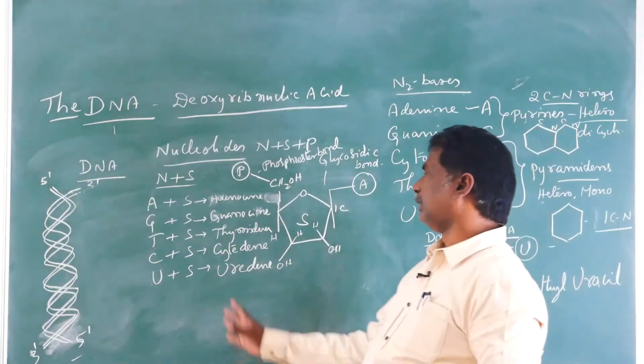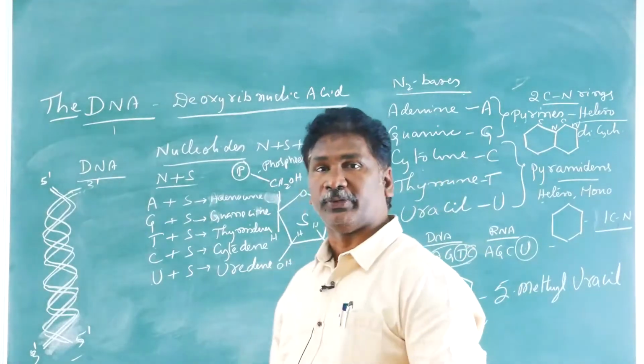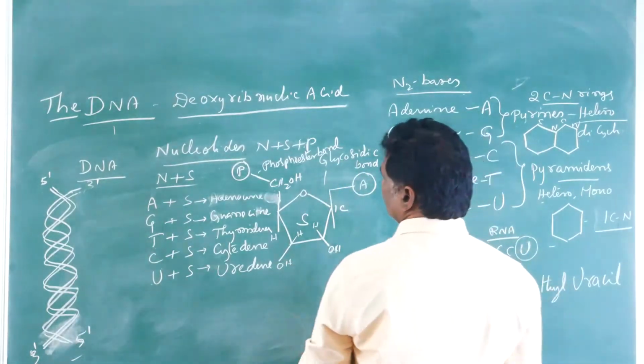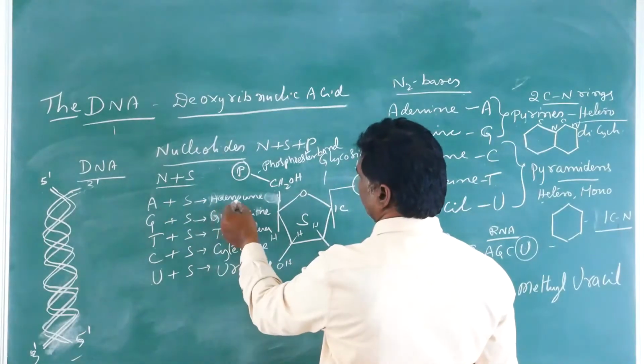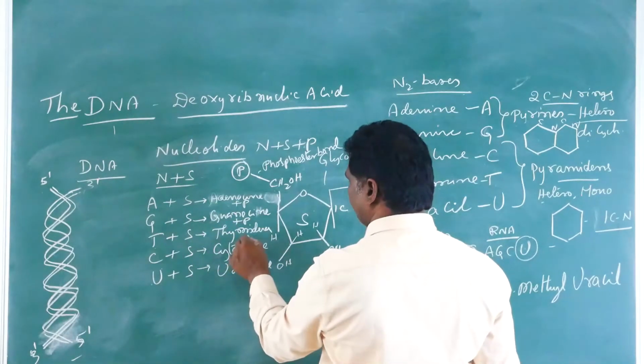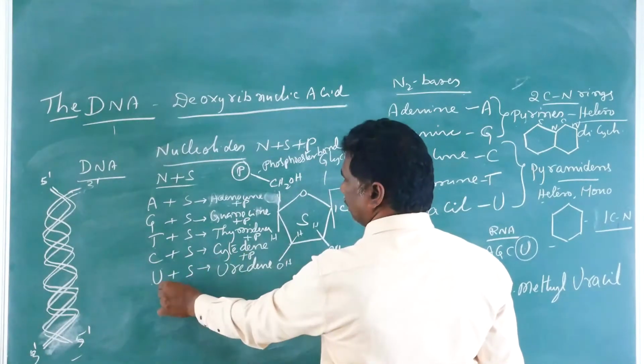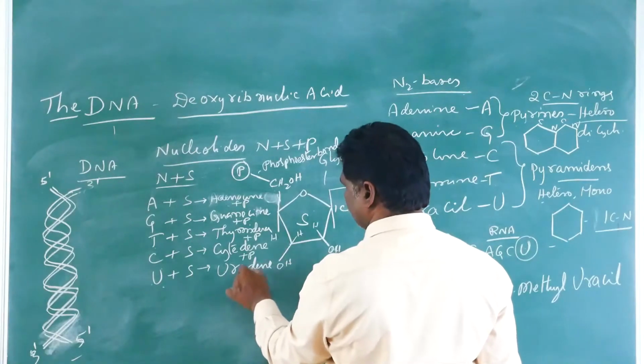How many types of nucleotides are formed? 5 types of nucleotides are formed: adenosine with phosphate, guanosine with phosphate, thymidine with phosphate, cytidine with phosphate, and uridine with phosphate.